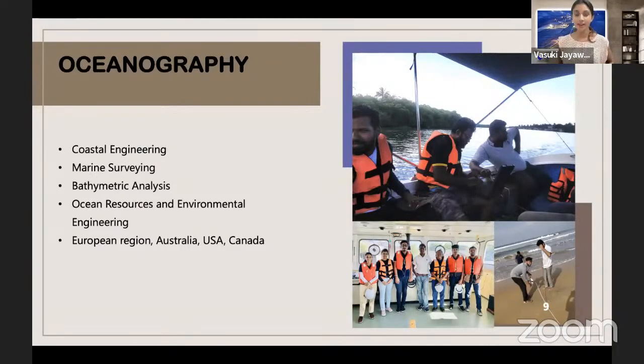So in Sri Lanka, LHI, I don't know if you have heard about LHI. It's one of the very interesting places to be, because that institute is situated right next to the University of Moratuwa. For the harbor projects that are going overseas, a lot of harbor projects, we model those harbors here in that institute.